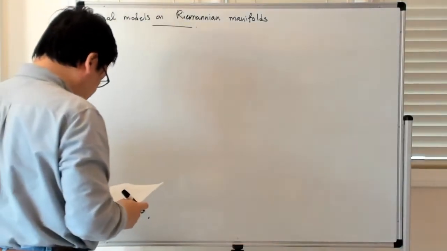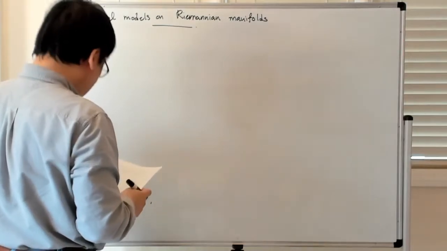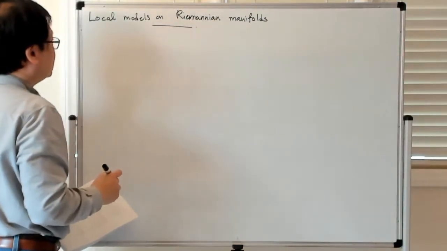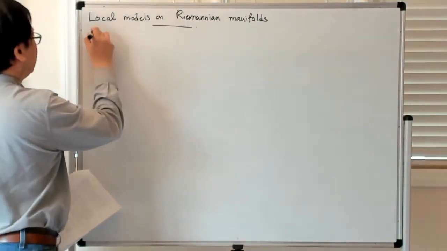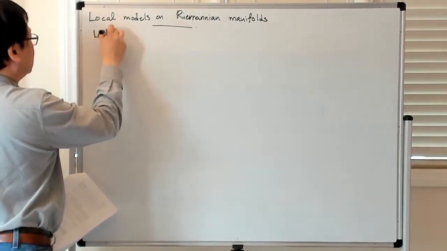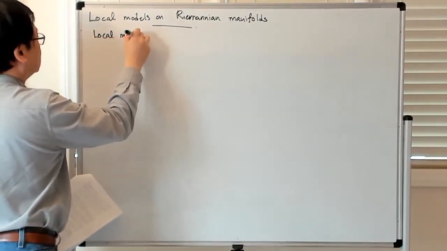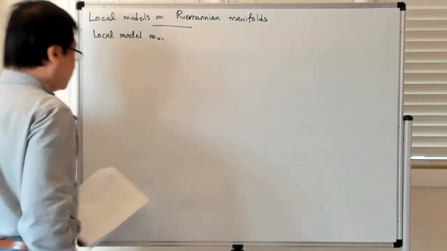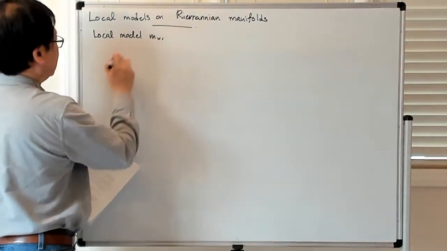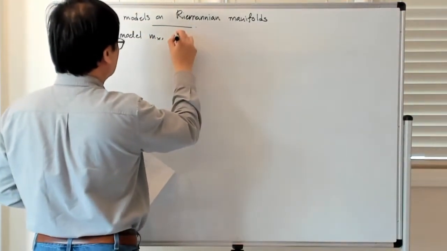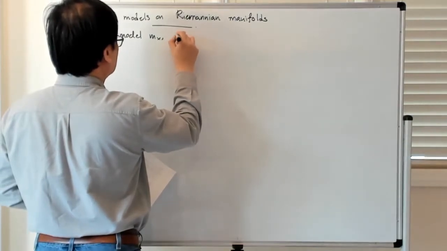And if you recall, the bottom line is that we had a proposition which showed that if you had a local model, m_x, you can show that it's order q.